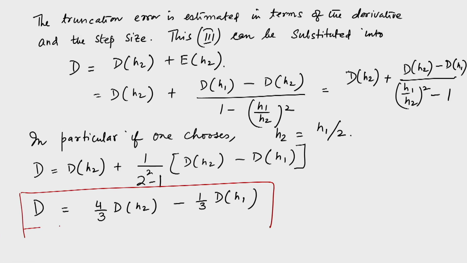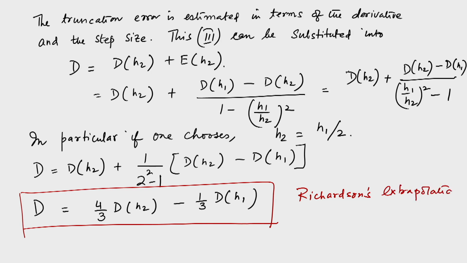So, we will call it the Richardson's extrapolation formula. Okay. All right. So, this is the formula that we use for two different choices of H1 and H2, and then build up a third. Let us see how this is more accurate, or if at all it is.